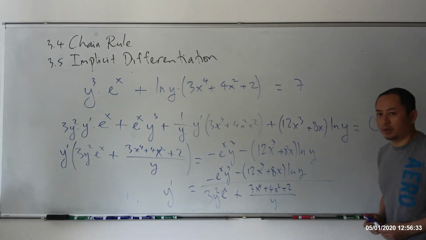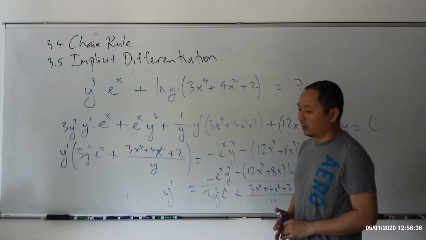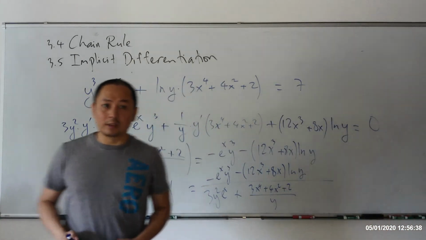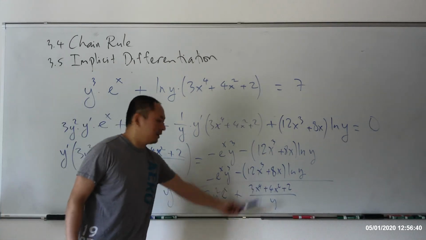Okay, and that will be your answer for dy over dx or y prime implicitly. So y prime still depends on y.